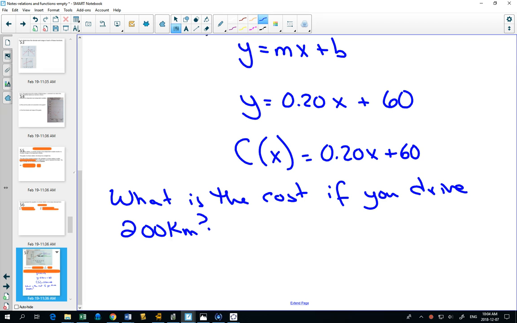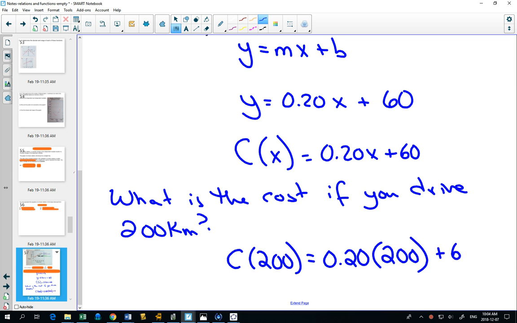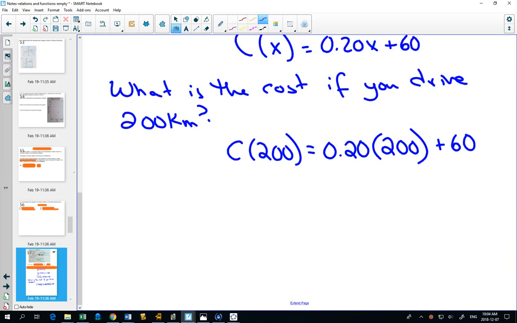But if we wanted to use our equation, we're trying to find the cost when x is 200. So you would plug in 200 for x. You go to your calculator, what is 0.2 times 200? It's 40. And then 40 plus 60.